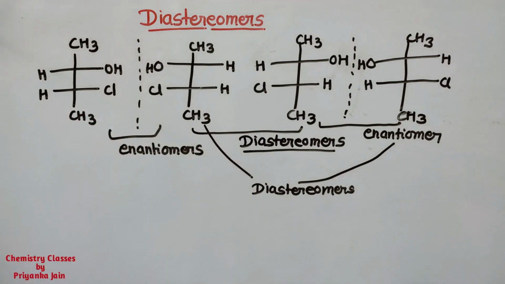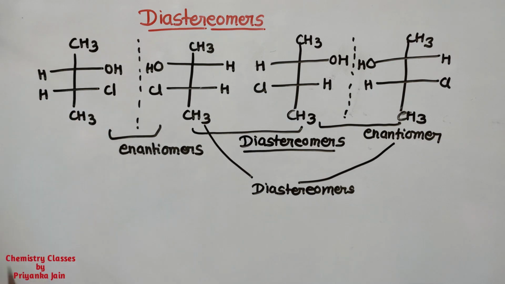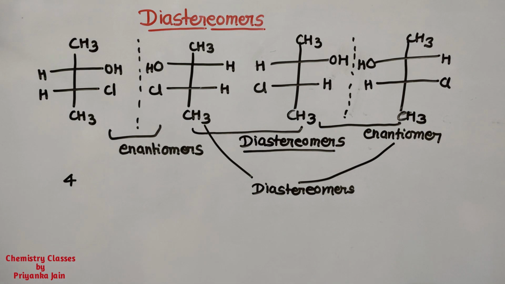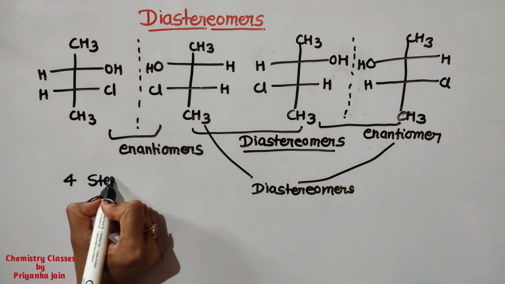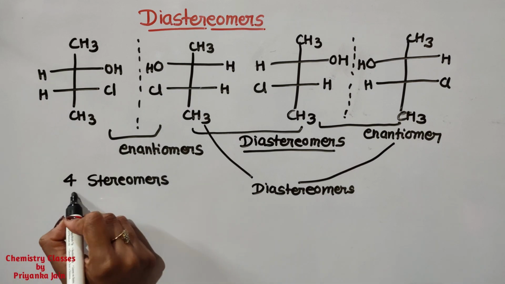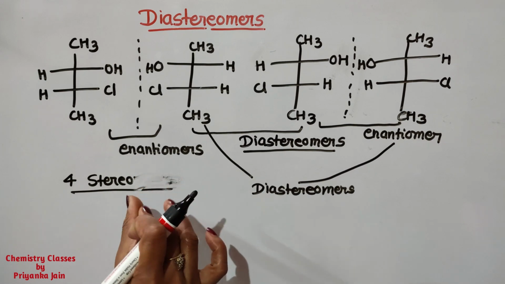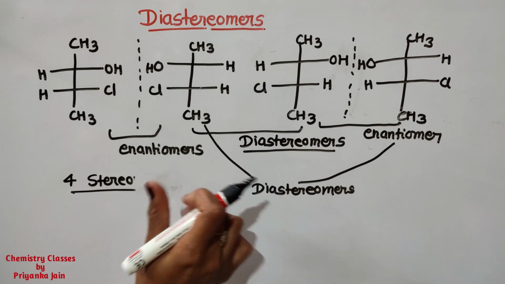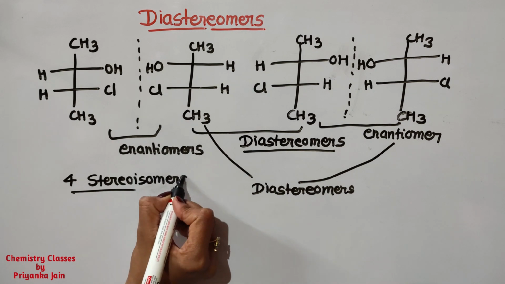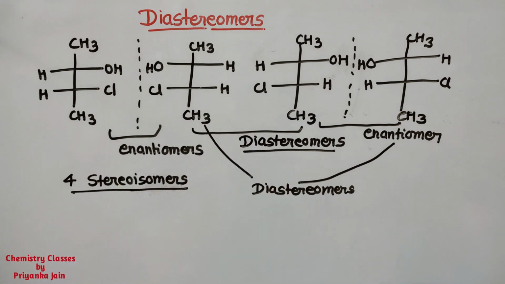So we can conclude one thing. If there are 2 chiral atoms present in a molecule, then there will be 4 stereoisomers, out of which 2 will be enantiomers and 2 will be diastereomers.